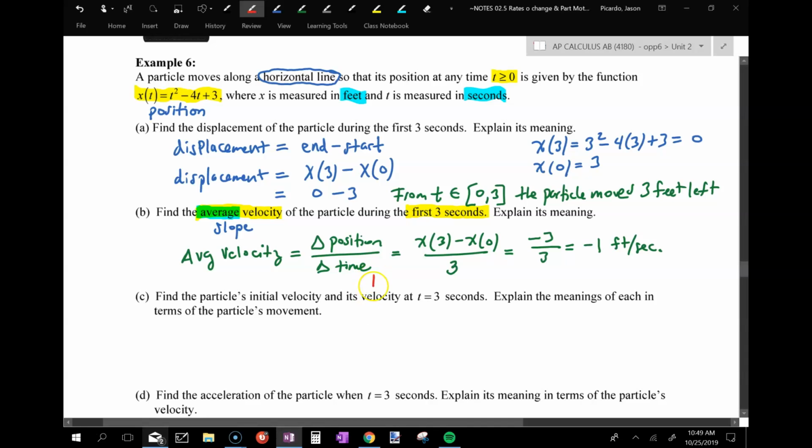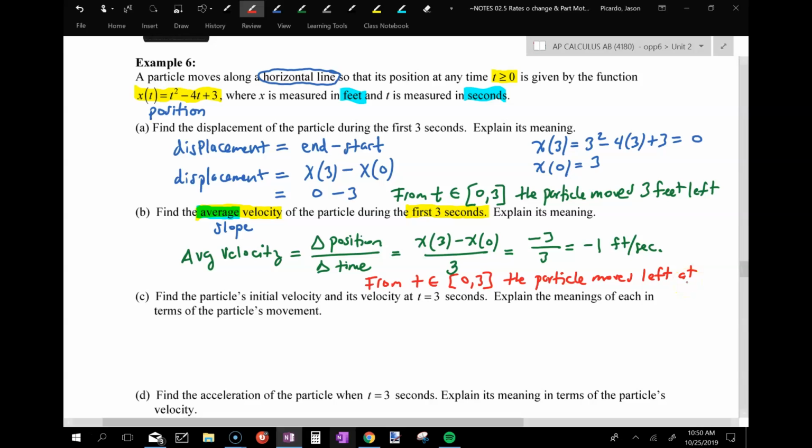Unit-wise, right? So the particle, actually, let's say from the particle moves left at, and I got to use that word average, right? Because it could be going a little faster, it could be going a little slower.